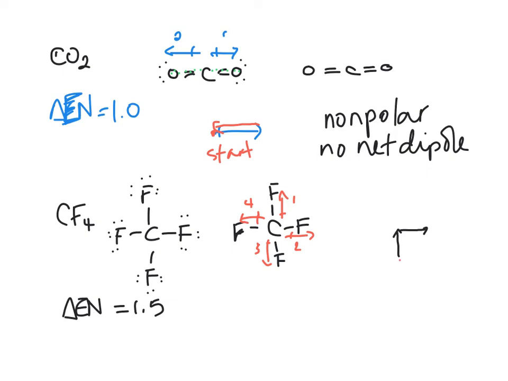Should label our start. Three went down, and then 4 went to the left. So we are back where we started. So this has polar covalent bonds, but it is non-polar. There's no net dipole. The dipoles cancel.